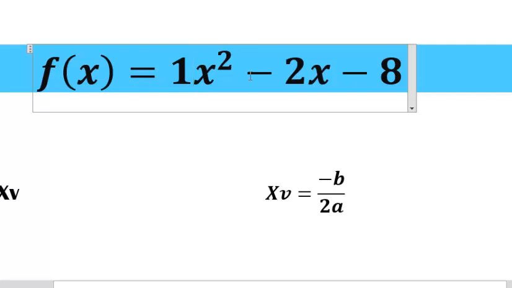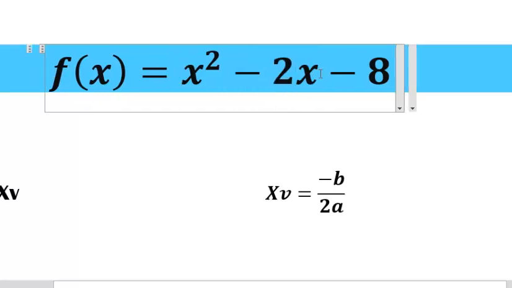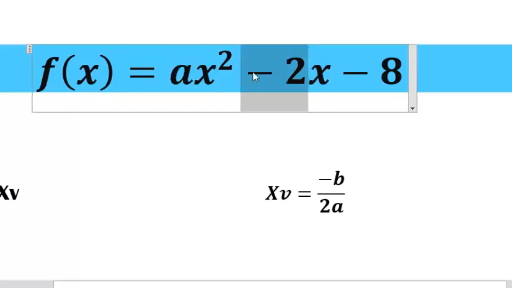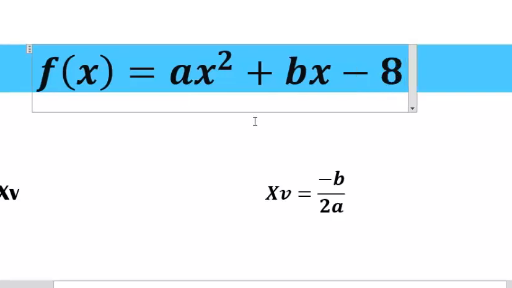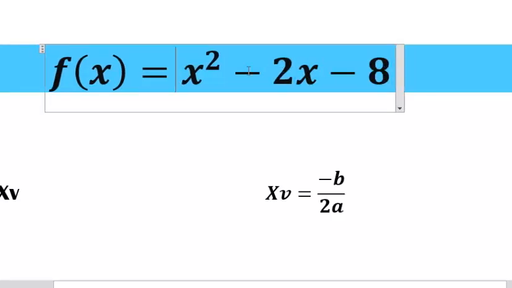Letter B will be the next number, which is -2. And the final number, we call it C. Basically we have A in here, we have B, and we have C. So A, B, and C are those numbers. In this case, A will be 1 and B will be -2.